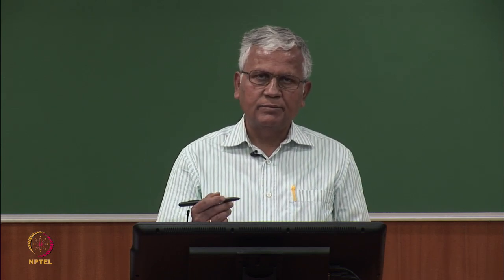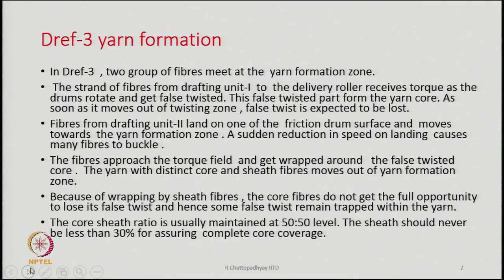Now, fibers from the drafting unit 2, coming from the top, will be landing on the friction drum, and the drum surface will carry them forward near the yarn formation zone, where some fibers already exist, that is, the core fibers already exist there in a twisted state.